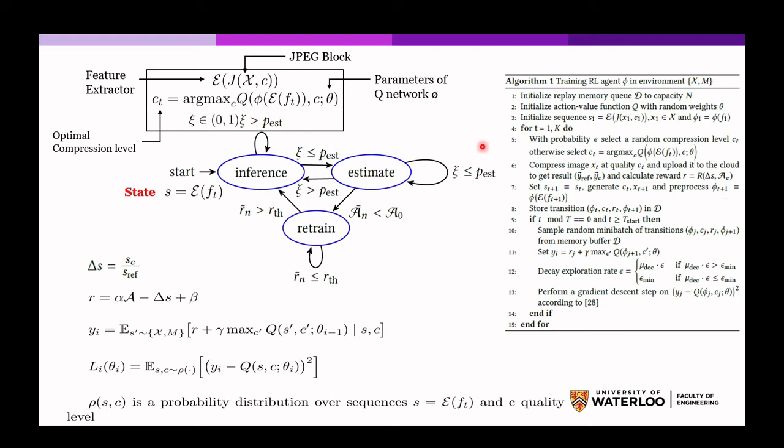So we will have here something called the action value function, which will give us the optimum compression level. The function will be a function of the feature extraction, and after we get the feature extraction of the last convolution layers, we substitute in other layers that are trainable with parameters theta.